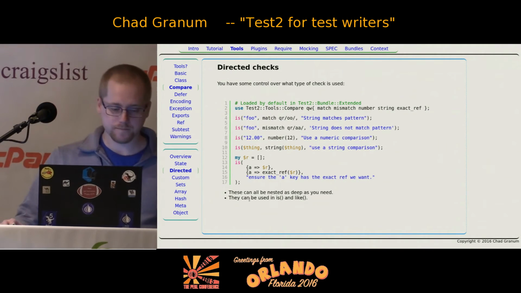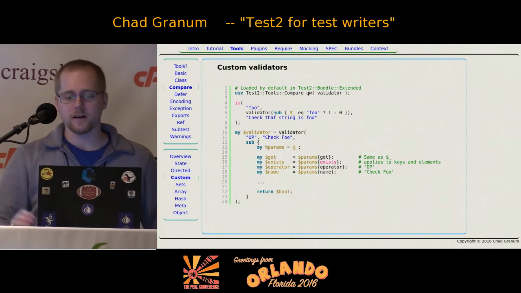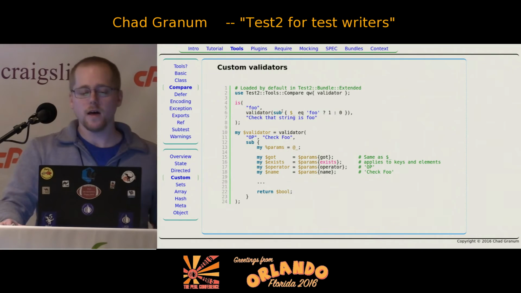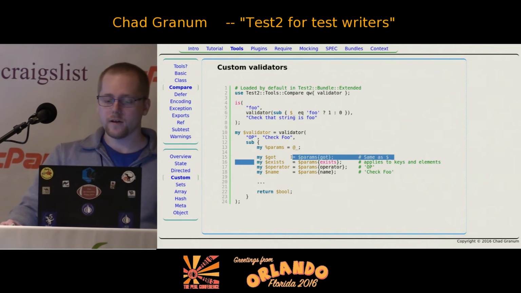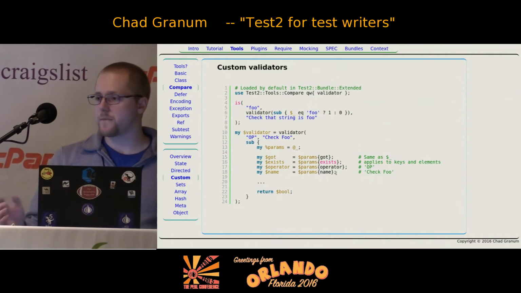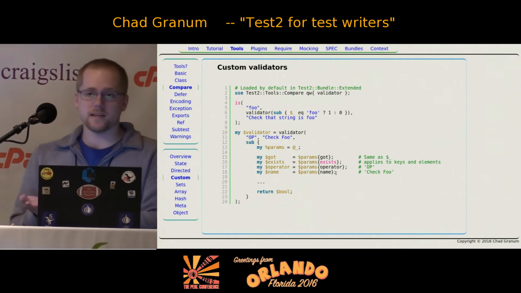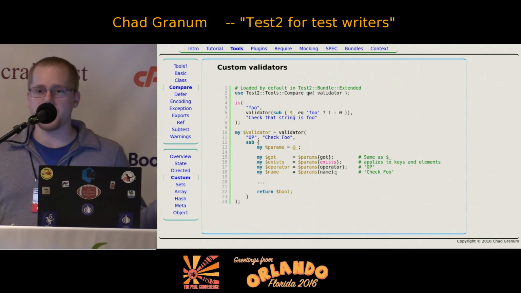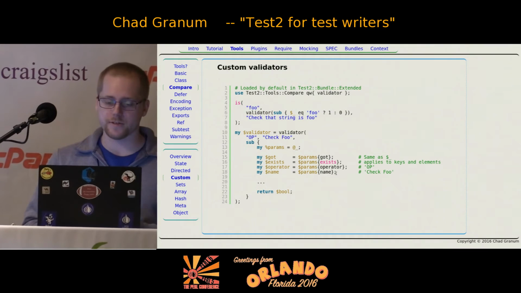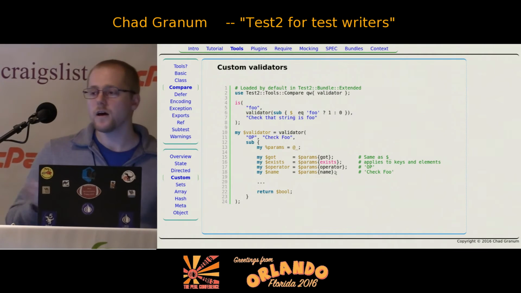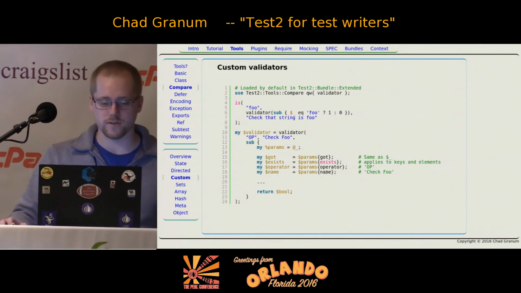It'll just work. You can also do custom ones using validator, which lets you take a sub or $_ then the thing you're checking. Or if you want, you can parse the arguments from @_, which says this is what you got. Exists is a Boolean of whether or not the thing even exists to check, what operator it thinks it's using, and the name of the check, which is very useful for writing diagnostics and just all kinds of useful things from that.